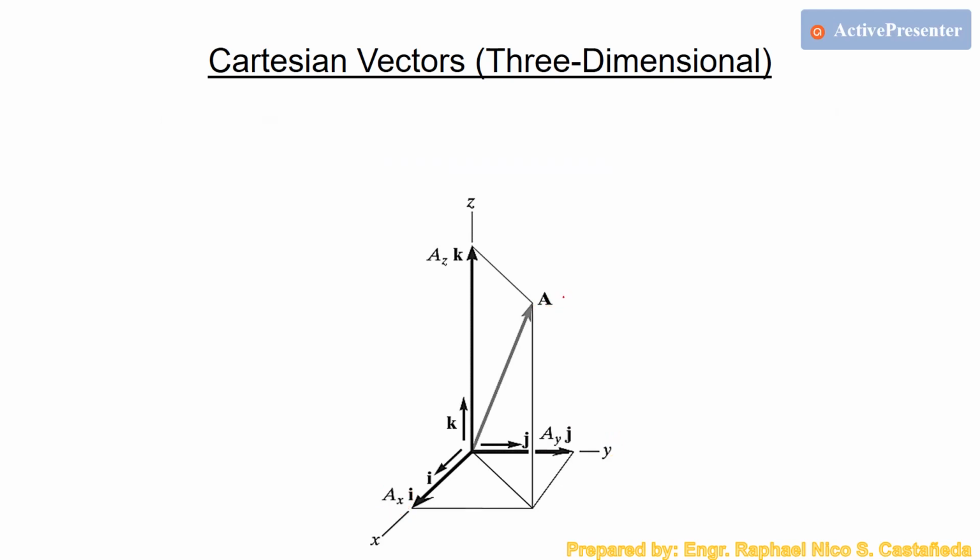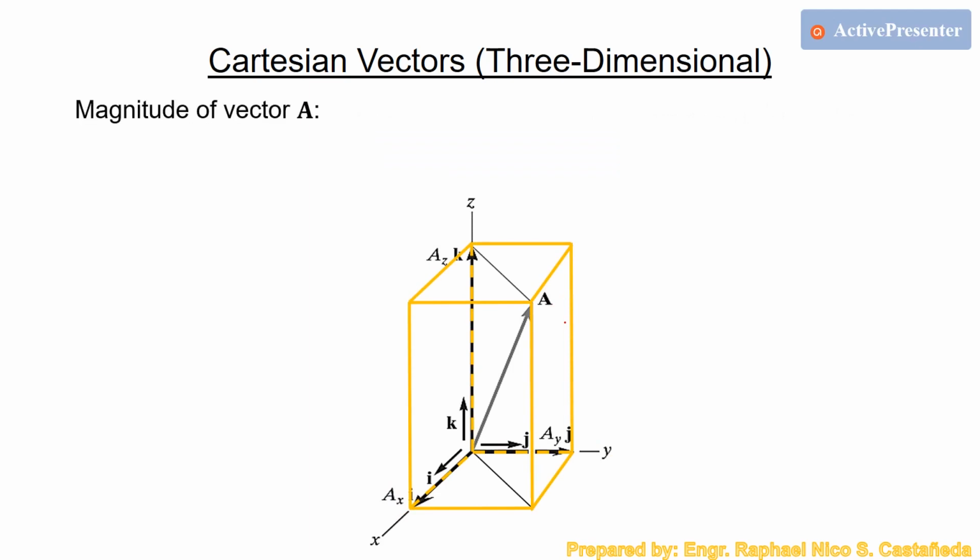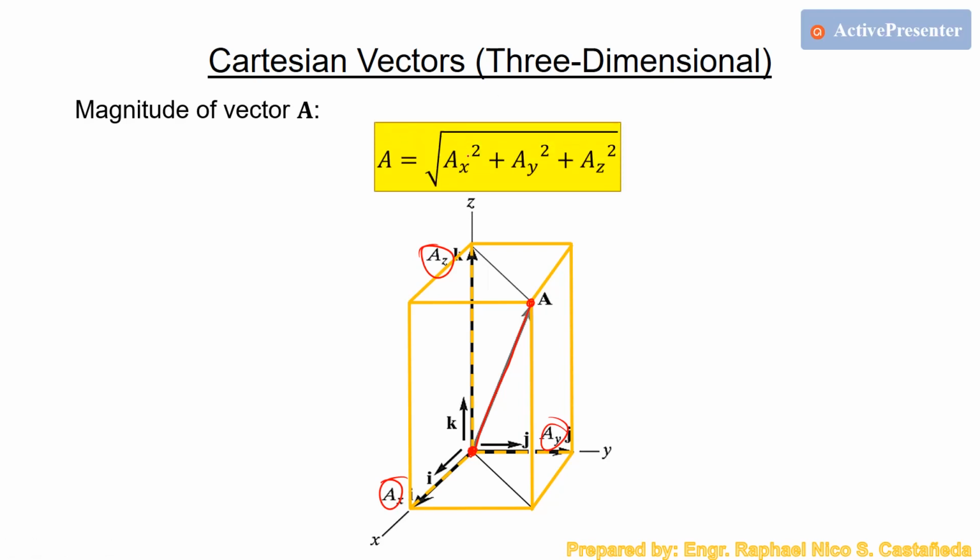So next one is how to determine the magnitude of A. Basically, you just calculate the measurement from this point to this point using the components Az, Ax, and Ay. So same formula as in solid geometry, which is this one.